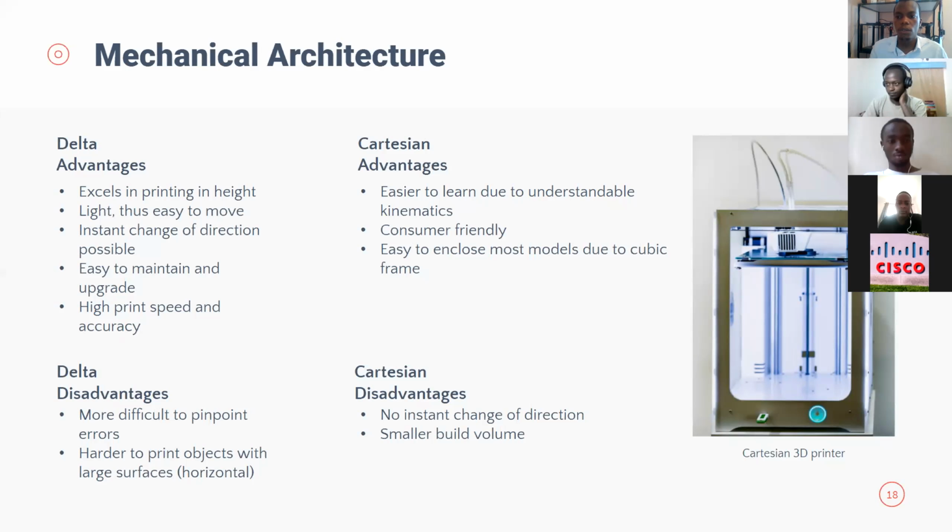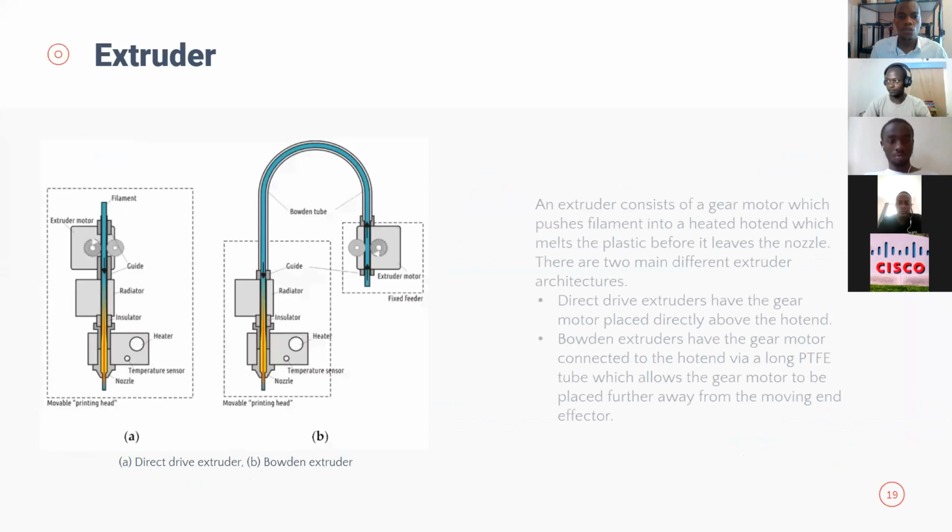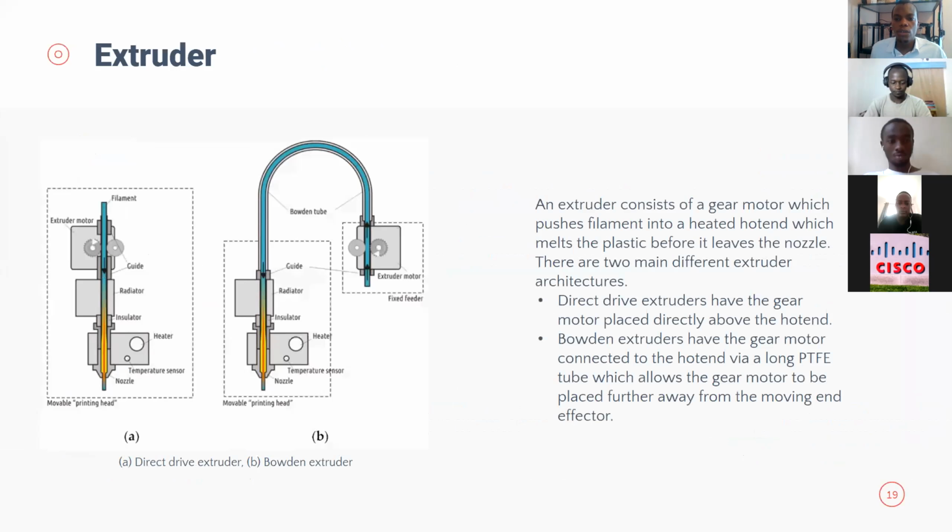We are going to go very fast to the extruder. The extruder, if you look at it in detail, this is how it looks. It consists of a gear mechanism. I showed you in the video a gear and a motor, which when the motor rotates, extracts or pulls the filament. The filament in the diagram is the one in blue color.